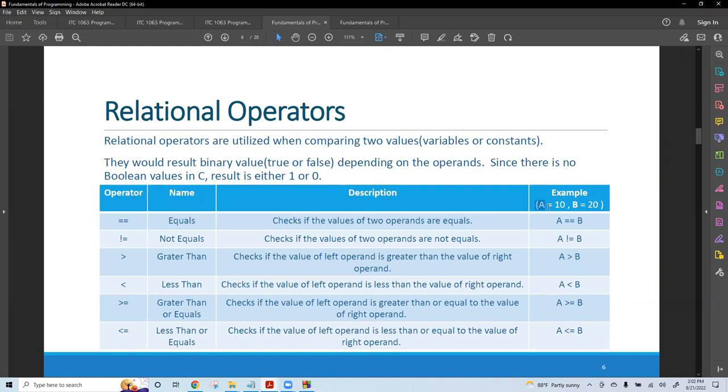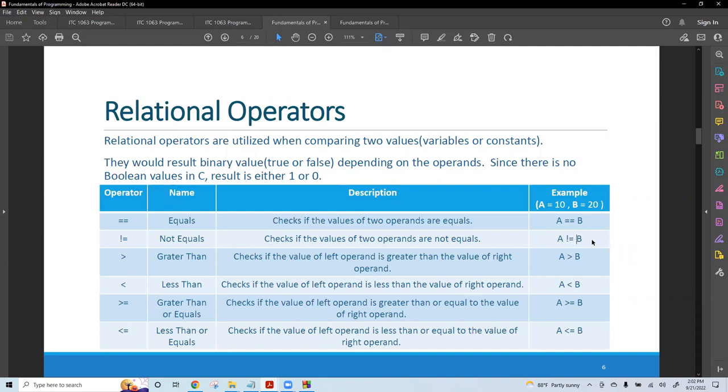In this example, A is 10, B is 20, the result would be 0. So they're not equal. Not equal is the opposite: if two things are not equal, it will provide 1. If two things are equal, it will provide 0.